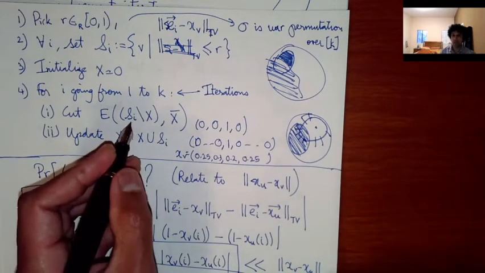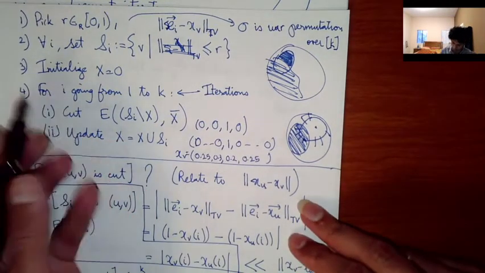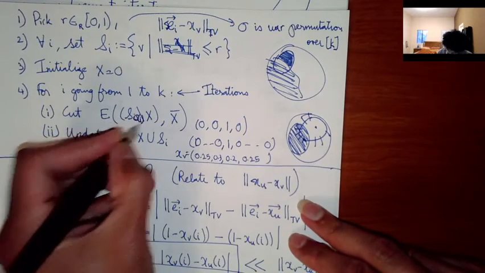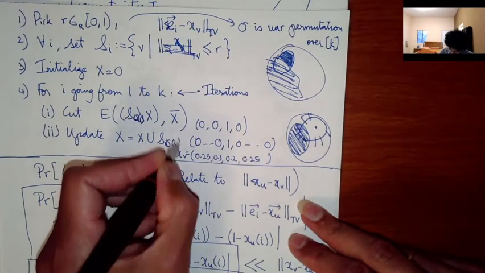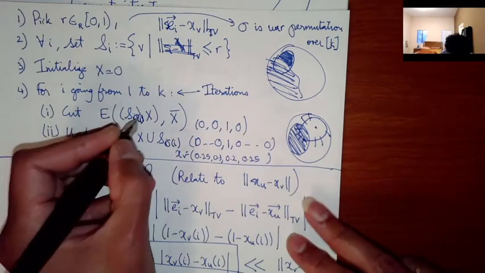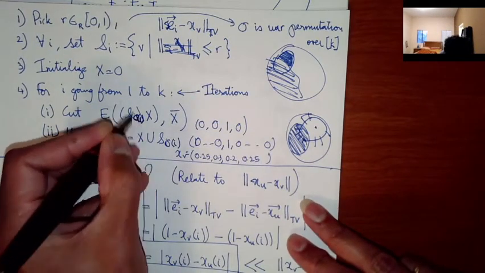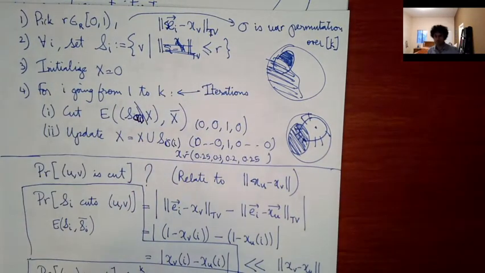And instead of looking at, in the ith iteration, we look at sigma i. In the ith iteration, we look at sigma i. Sorry, this is a bit messy.